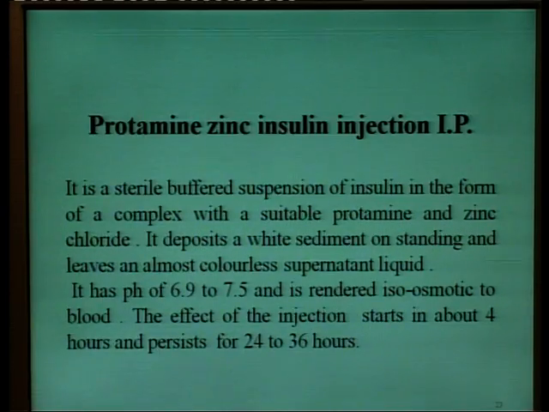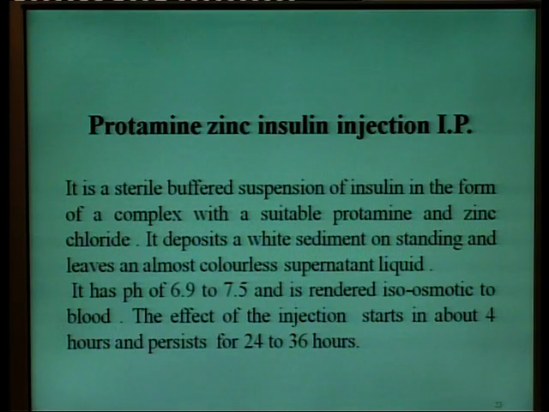Next is the protamine zinc insulin injection, which is official in the Indian Pharmacopoeia. It is a sterile buffered suspension of insulin in the form of a complex with a suitable protamine and zinc chloride. It deposits a white sediment on standing and leaves an almost colorless supernatant liquid.